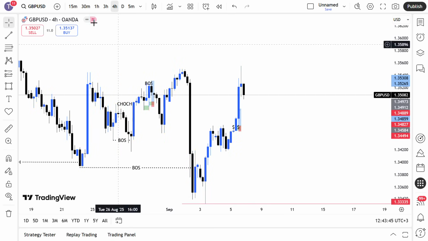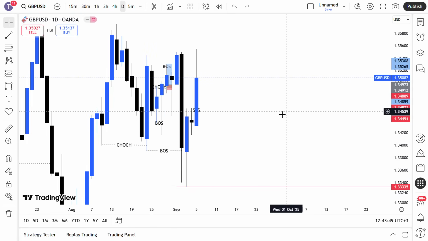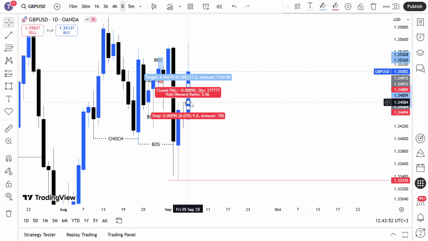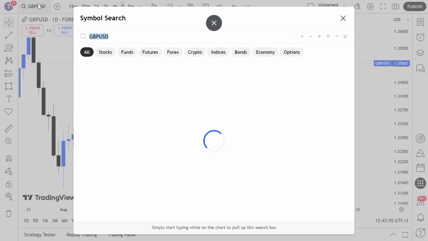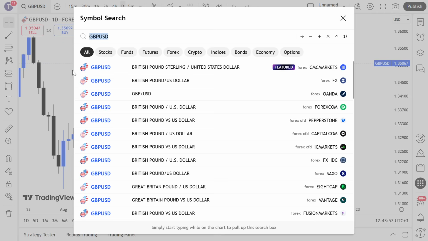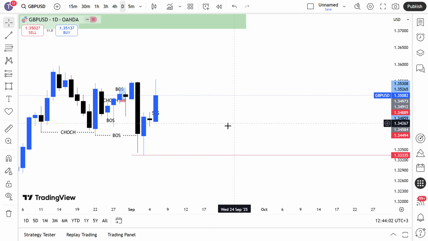So, from the daily time frame, I see an order block inside here. Let me delete the drawings so that we can have a clear chart. Okay.